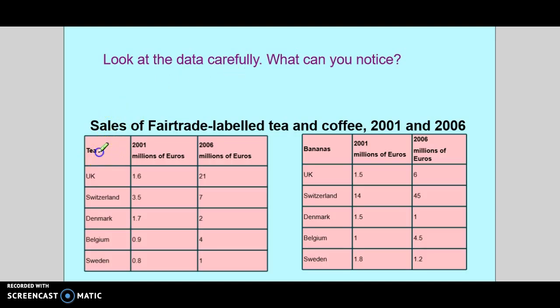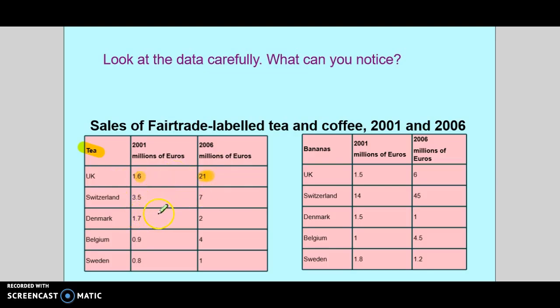Okay, so if you're looking at tea in these countries, well, I notice, for example, that there's a big change in the UK. It went from 1.6 millions to 21 millions of euros. So I think this is a big feature that we can mention in the overview.